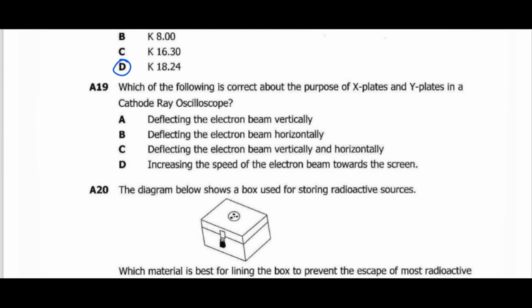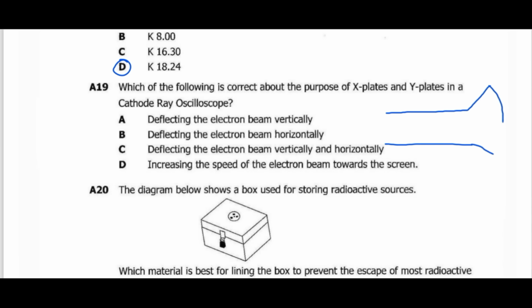Then question 19. Which of the following is correct about the purpose of X plates and Y plates in a cathode ray oscilloscope? I'm sure you've at least come across this structure here.